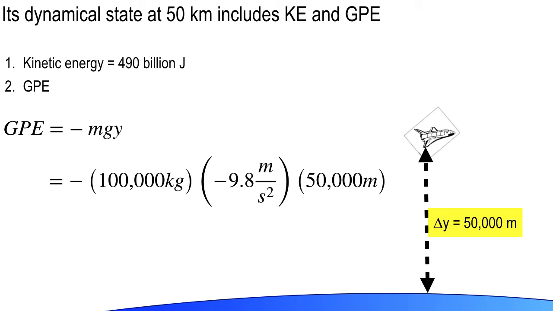And then the altitude above sea level, 50,000 meters. And hey, you guys, that's actually not that bodacious. 50,000, that's 5 times 10 to the 4. 100,000, that's 1 times 10 to the 5. So we're looking at about 10 to the 9 joules here again.